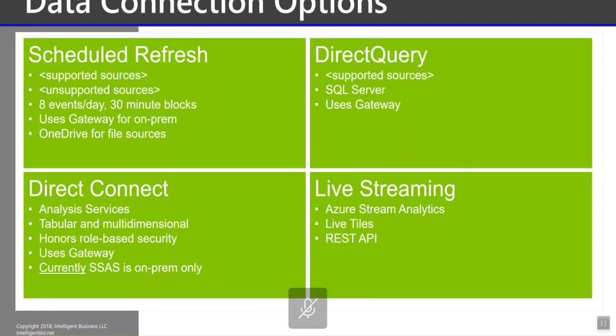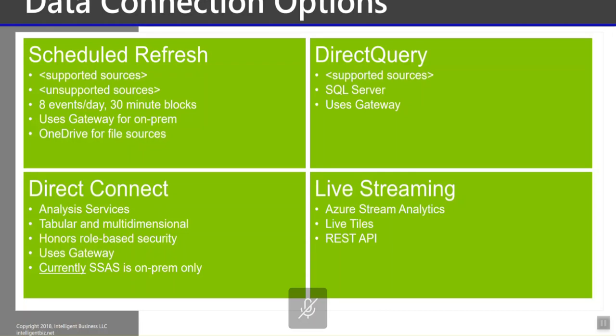If you are a Premium capacity customer, which means that you're paying the $5,000 a month for Premium capacity, you no longer have to license every single Power BI user. So only the authors of your reports need to have Power BI Pro, which is $10 a month per user. And then everybody else in the organization doesn't need the license. They just need to be part of your organization.